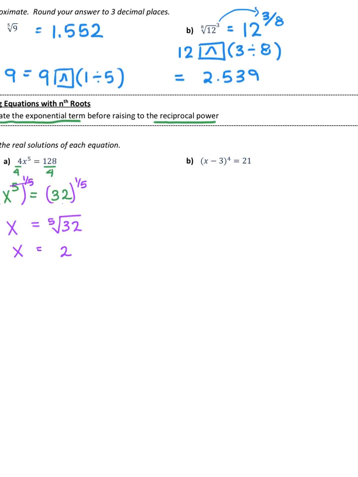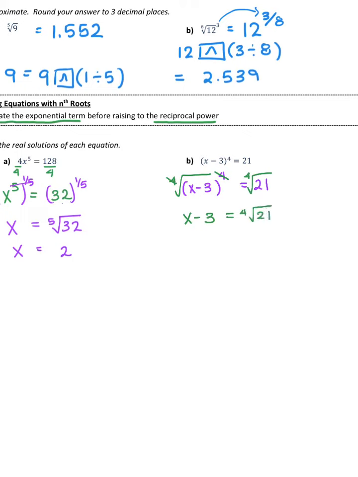Over here, we already have our power isolated. So I'm going to rewrite this problem just so I can show the work on it. So we have x minus 3 to the 4th power equals 21. So the reciprocal power would be to take the 4th root of both sides, because that will cancel with that. And I have x minus 3. And now the 4th root of 21 is something I'm going to need to go to my calculator with.